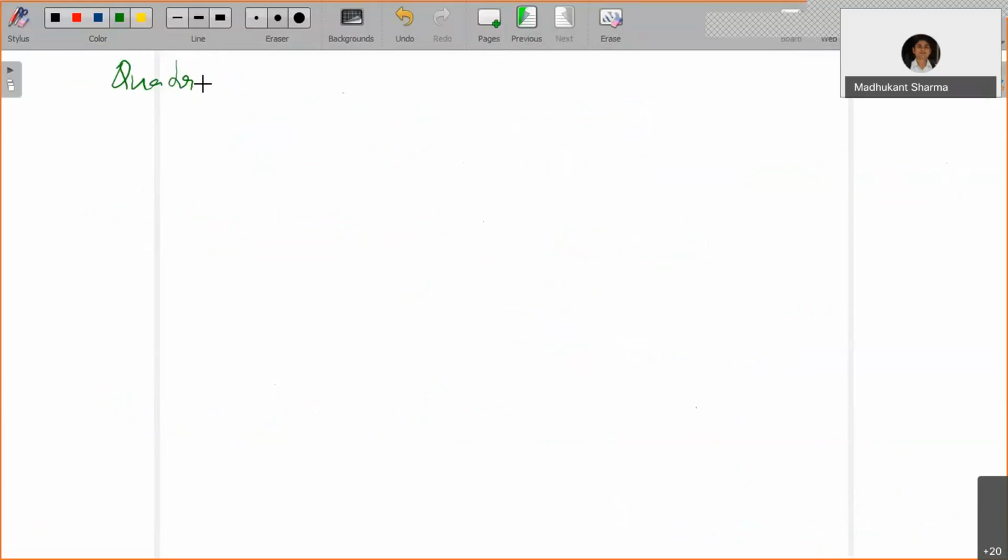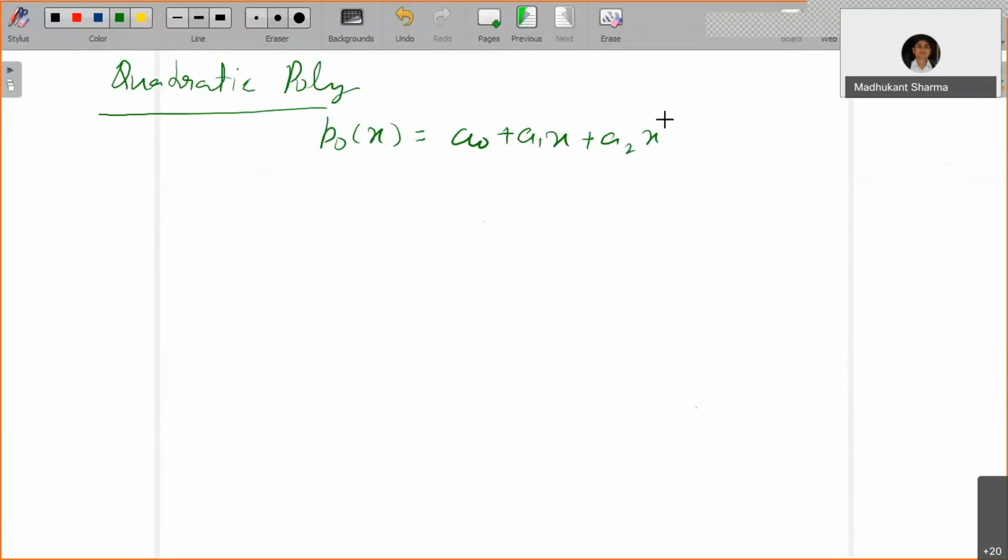So if you look at the quadratic polynomials, let's say you have p0(x) equals a0 plus a1x plus a2x squared, where x belongs to 0 to 1, and q0(x) equals b0 plus b1x plus b2x squared, with x belongs to 1 to 2.